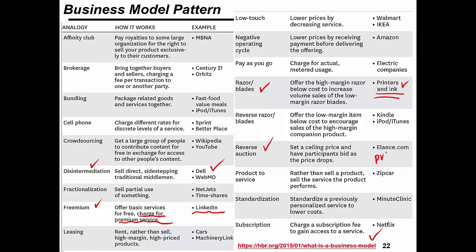Priceline.com is a good example of a reverse auction, where you name your price and then you ask the suppliers, airlines, or rental car companies to bid on the offer that the customer is willing to pay. That's a kind of reverse auction. And product to service. Instead of selling a product, you're offering a service, which is basically rental, like Zipcar, which is part of the so-called sharing economy. Uber or even Airbnb is an example of that.